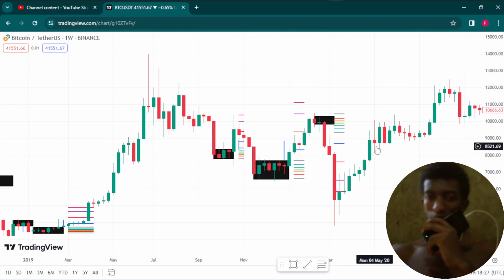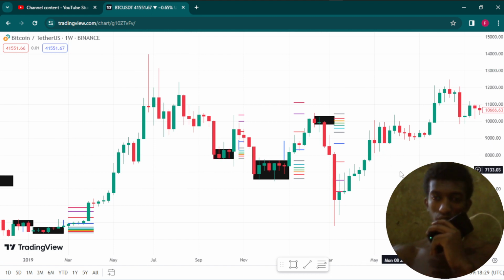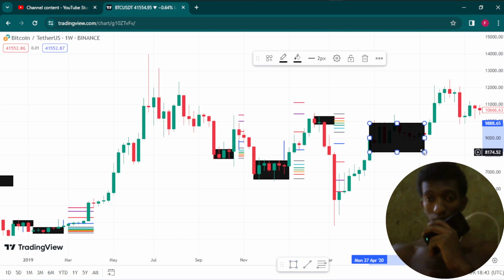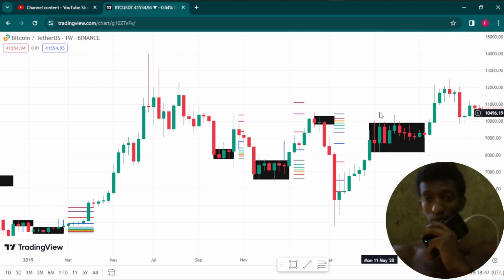Next, what do you see here? We have another consolidation. How do you connect this thing? You connect it like this one, right? I'm sorry, these are relatively equal, so you connect them.